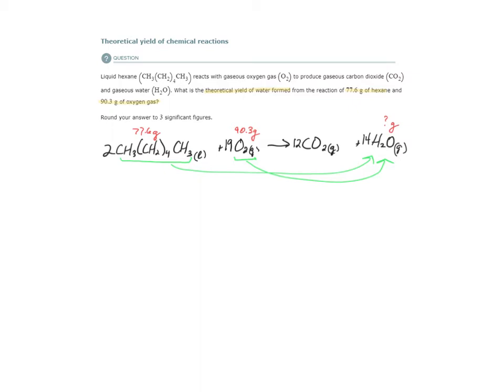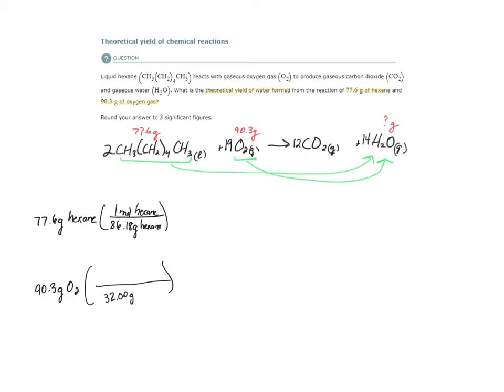So I have 77.6 grams of hexane and 90.3 grams of oxygen. We need to first convert from grams to moles so that we can use the mole ratios as a conversion factor. So there are 86.18 grams of hexane in 1 mole of hexane, 32 grams of O2 in 1 mole of O2.